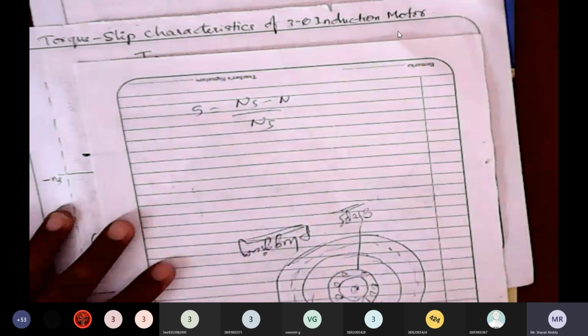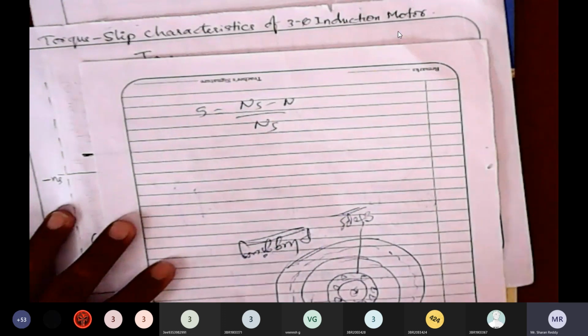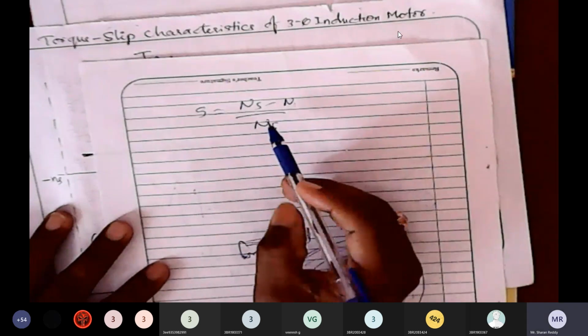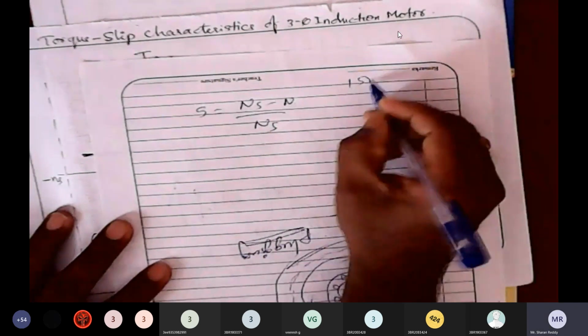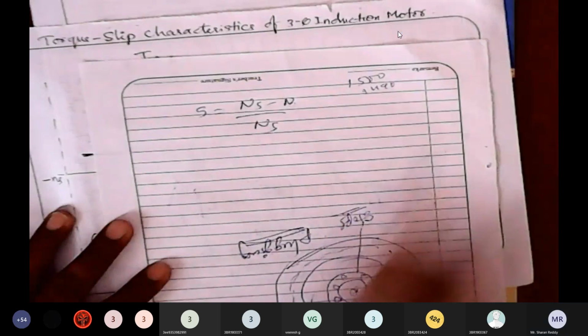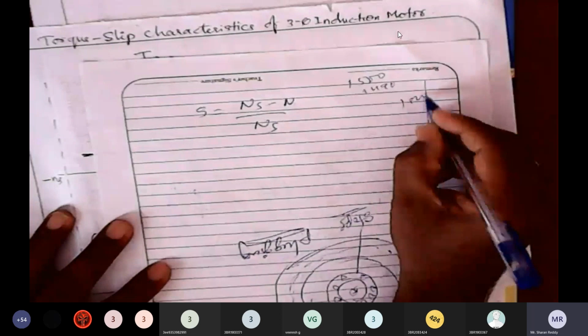Normal working of an induction motor is that it always runs below synchronous speed. If the synchronous speed is 1500 rpm, the motor speed will be something like 1490. If the synchronous speed is 1000, the motor runs at something like 970 rpm.